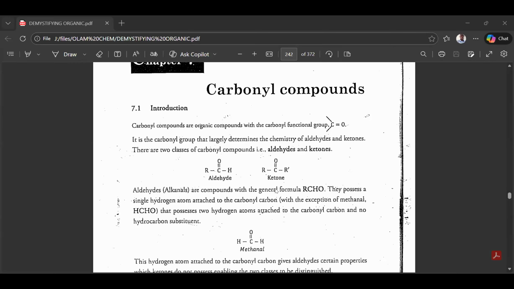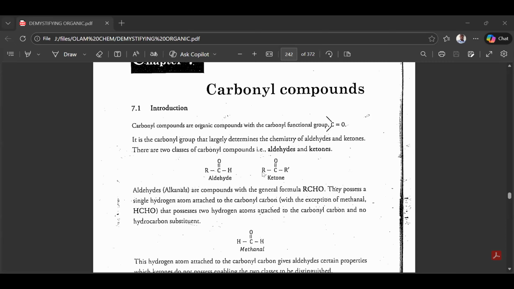Okay, thank you. So we are saying right here that aldehydes have a hydrogen atom attached to a carbonyl carbon. Ketones lack a hydrogen atom attached to a carbonyl carbon.